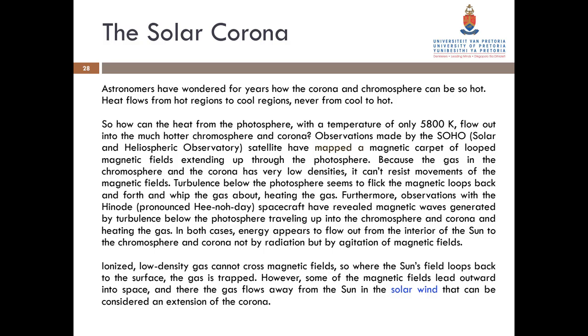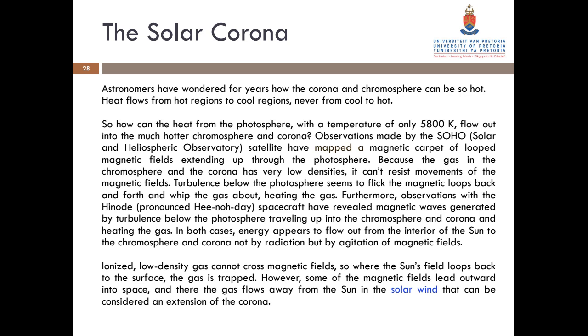Astronomers have wondered for years how the corona and chromosphere can be so hot. Heat flows from hot regions to cool regions, never from cool to hot. So how can the heat from the photosphere, with a temperature of only 5,800 Kelvin, flow out into the much hotter chromosphere and corona? Observations made by the SOHO telescope, which stands for the Solar and Heliospheric Observatory satellite, have mapped a magnetic carpet of looped magnetic fields extending up through the photosphere. Because the gas in the chromosphere and the corona is of very low density, it can't resist movements of the magnetic fields.